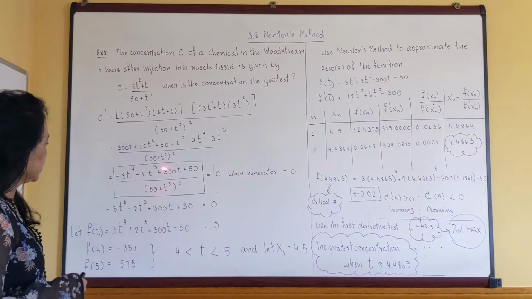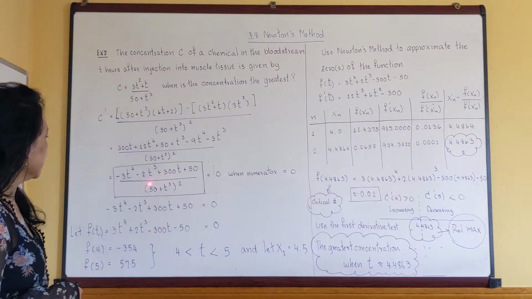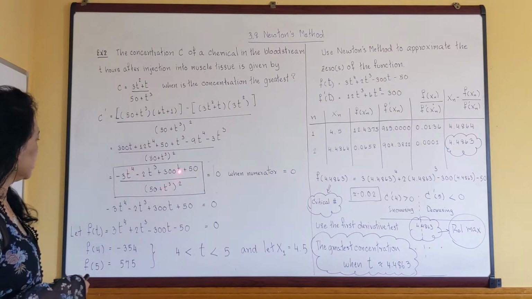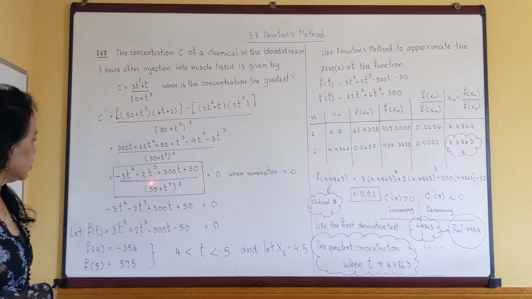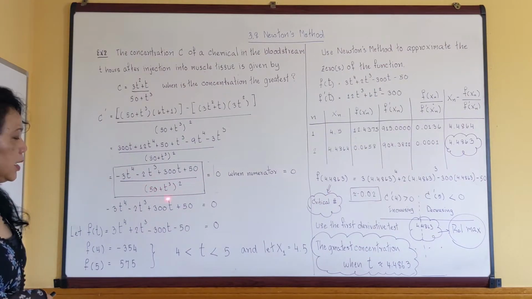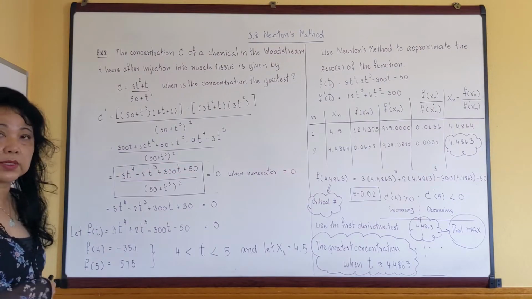It's not quite as easy as the first example to find the zero of this function. So I want this t to make this whole function equal to 0. Now look at the function. We don't want the denominator to be 0 because otherwise it's undefined, and we want to make sure that the numerator is equal to 0.